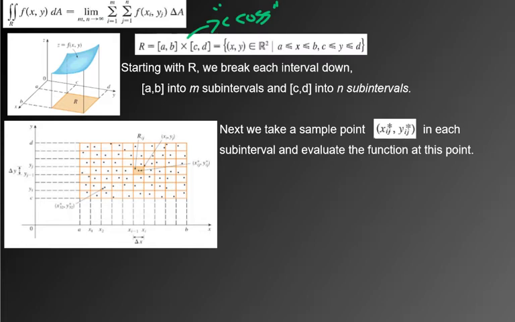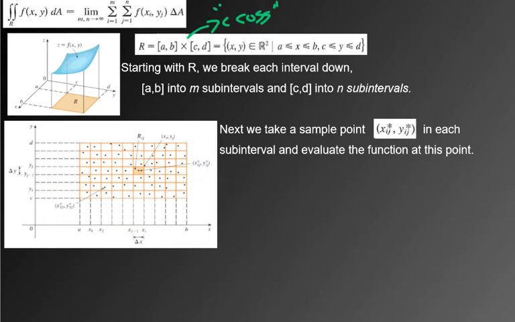And basically what we're going to do is take the region R and grid it out with a, b in the X, and then c, d in the Y. What this is doing is saying that we're splitting [a, b] into M subintervals and [c, d] into N subintervals, right? And as you use bigger M's and N's, you would get more and more of these grids.